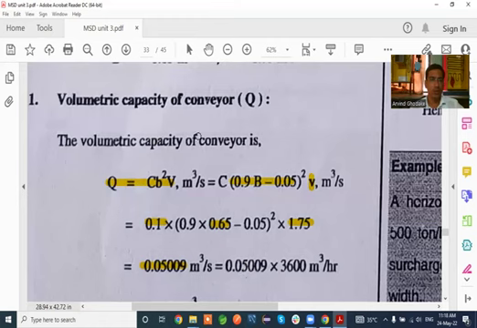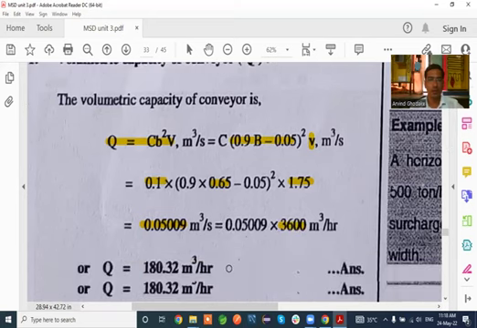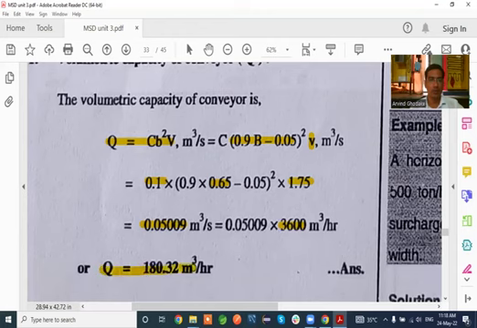Now we are converting volumetric capacity into meter cube per hour, so multiply volumetric capacity by 3600. Therefore, the final volumetric capacity of the belt conveyor is 180.32 meter cube per hour.